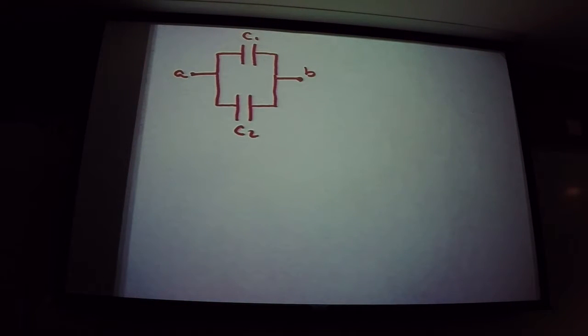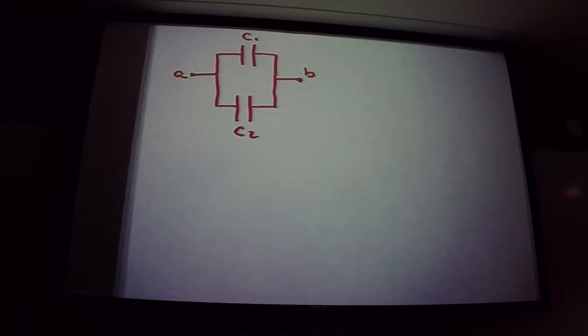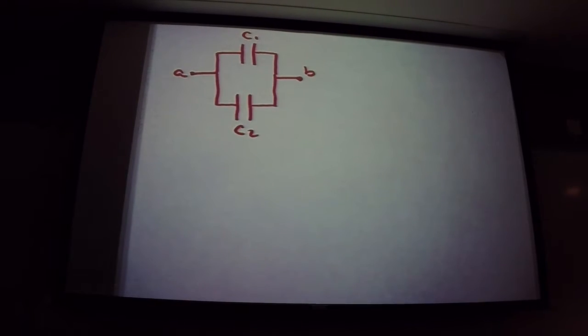Now you want to think of wanting to go from point A to point B. So when we talk about the voltages that we're going to be putting on these things, we talk about how we're going to get from point A to point B and what you have to go through to get there.